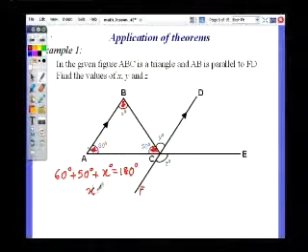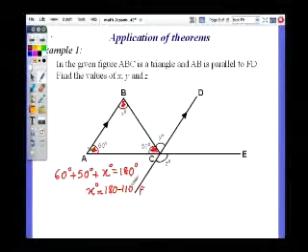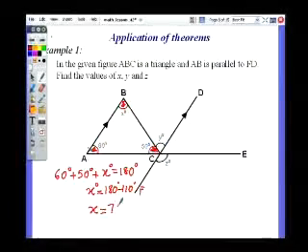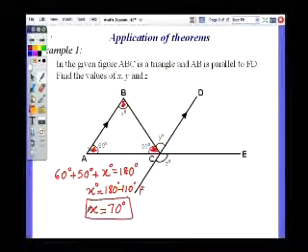I can now say that x is equal to, 60 plus 50, it's 110, and 180 minus 110 degrees gives you x is equal to 70 degrees. Okay, one of the angles is here. X is 70 degrees. We have calculated this. Alright, this is done.